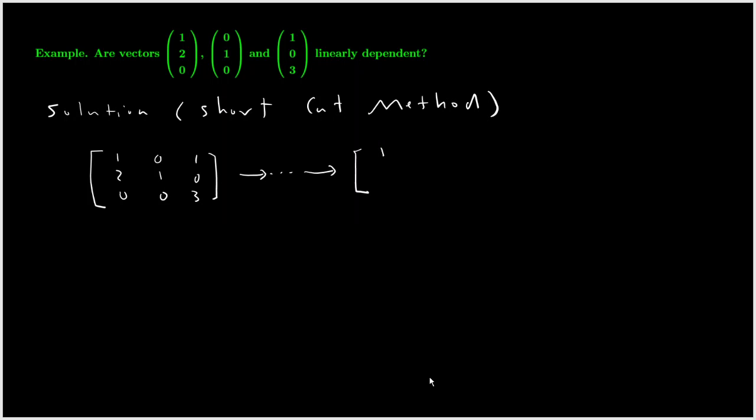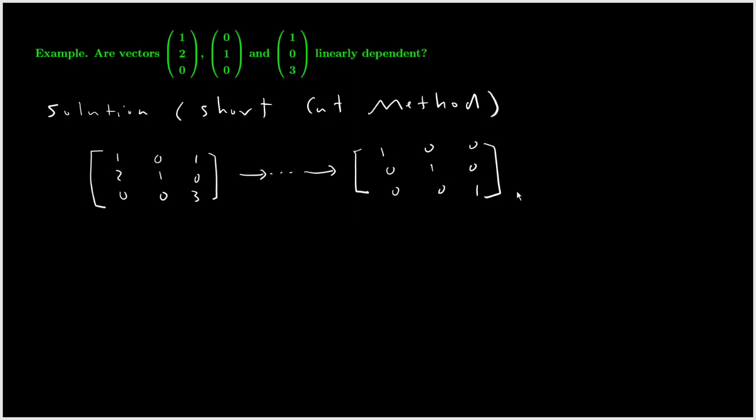The final form is that. The final form is actually an identity matrix. Now to answer if the given three vectors are linearly dependent or independent, you check columns.